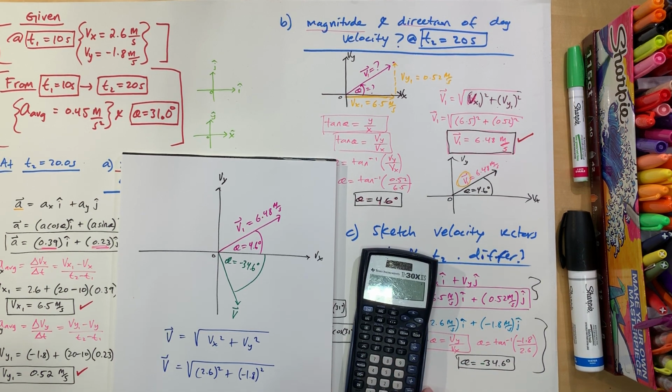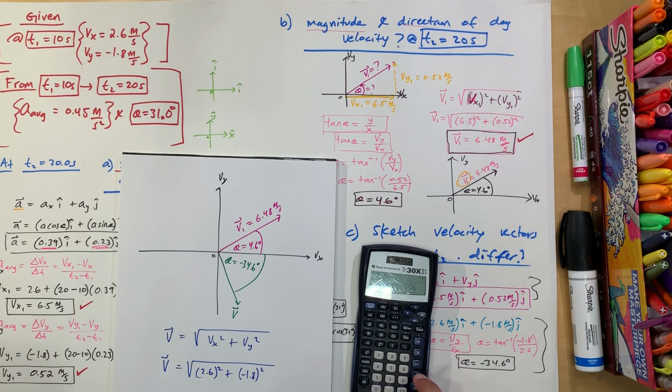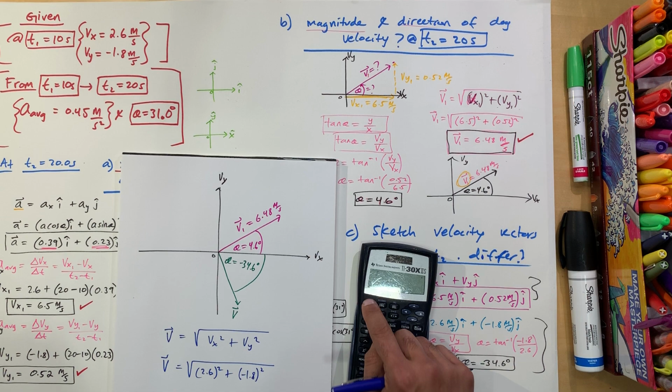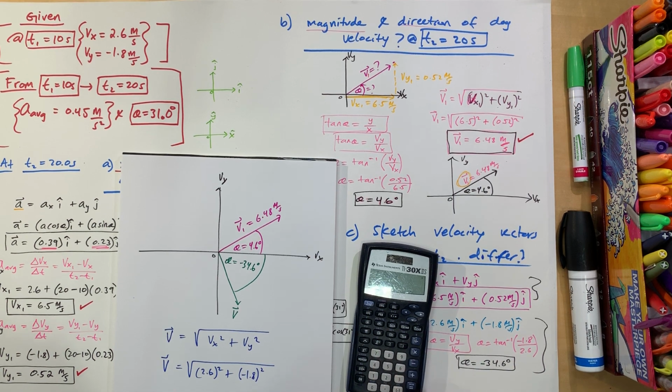2.6 squared plus 1.8 squared equals 10. Now we get the square root of that number. We got 3.16. All right, so let's make sure I did that right.